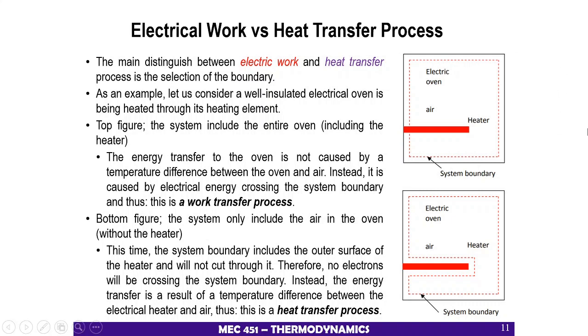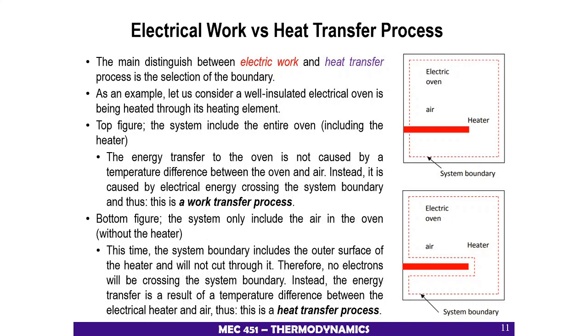In the bottom figure, the system only includes the air in the oven, with the heater left out. So the boundary is only on the air. This time the system boundary includes the outer surface of the heater and does not cut through it. Therefore, no electrons cross the system boundary.